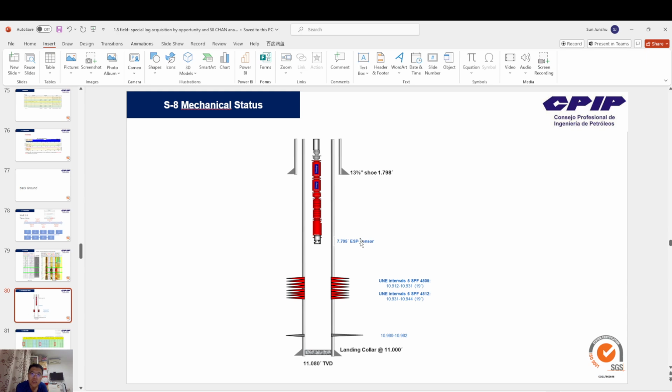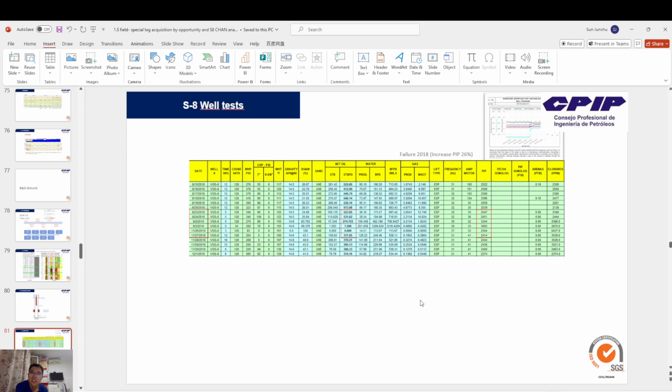Mechanical status. Producing from the well, totally 18 plus 8, 19 feet. This is the well test recording.